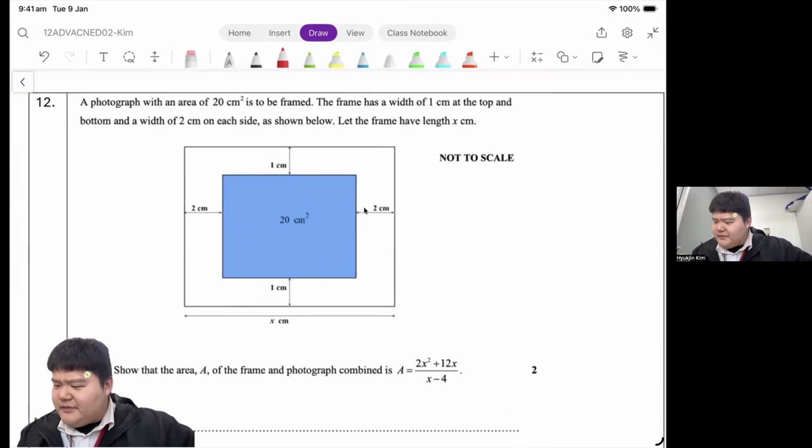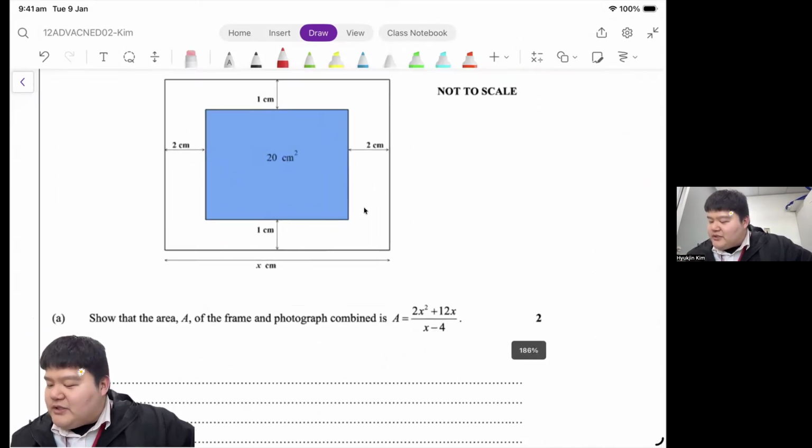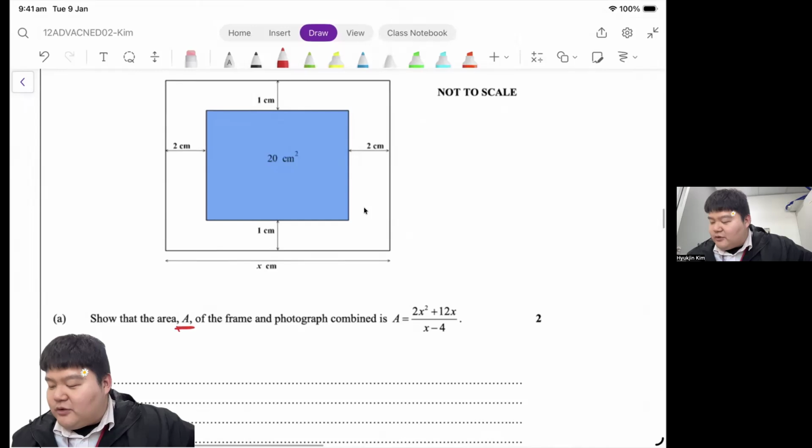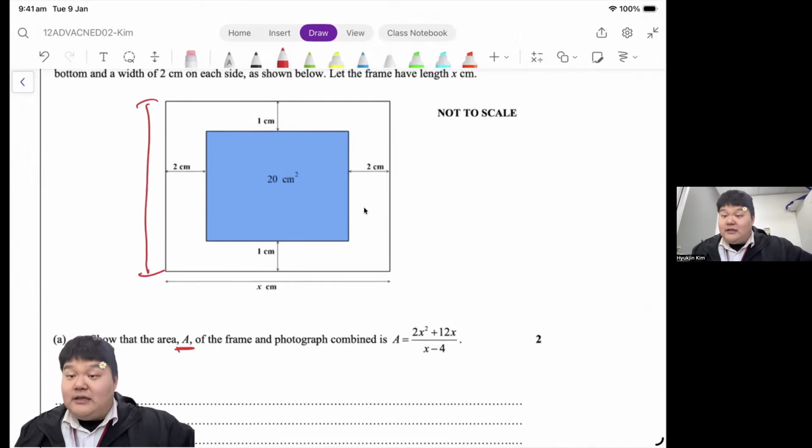Photograph with an area of 20 centimeters squared is to be framed. The frame has a width of 1 centimeter at the top and the bottom, and a width of 2 centimeters at the sides, and so on. The question is asking me to find the area of the total. That means I need to find this times x. Area equals whatever that length is.